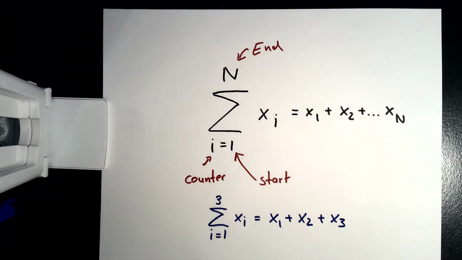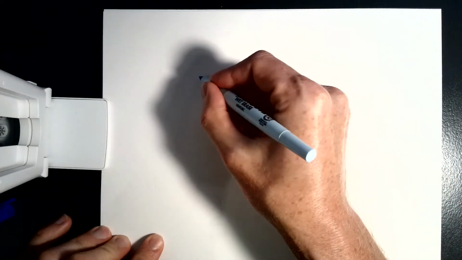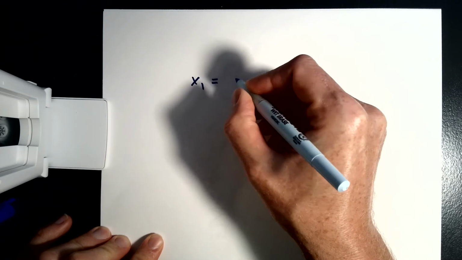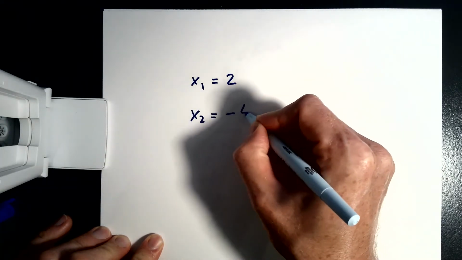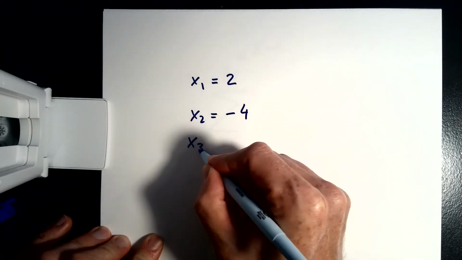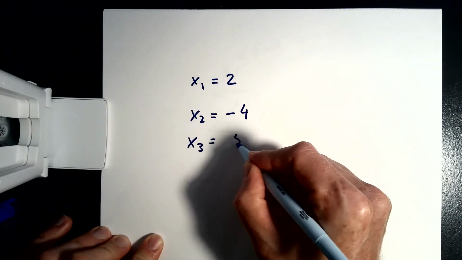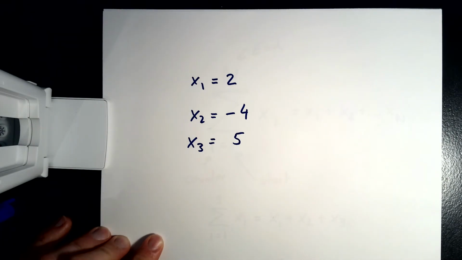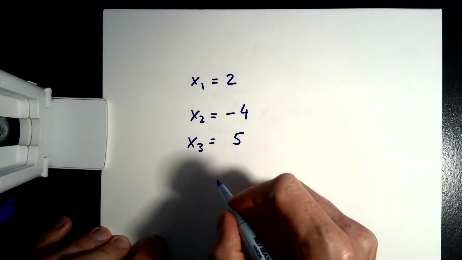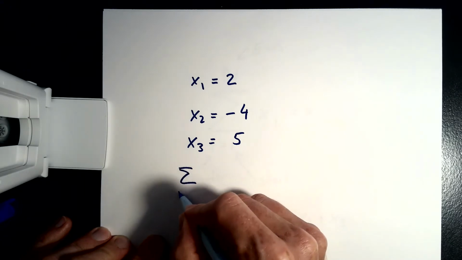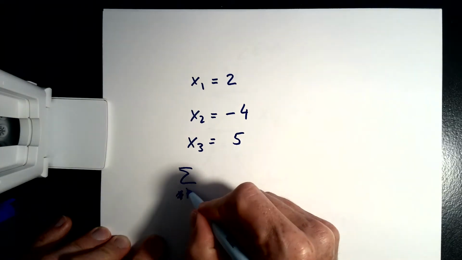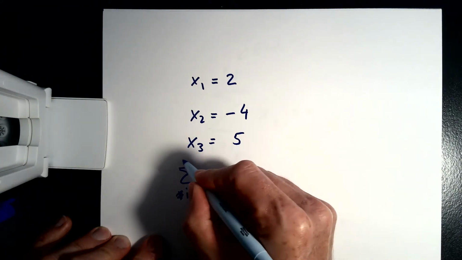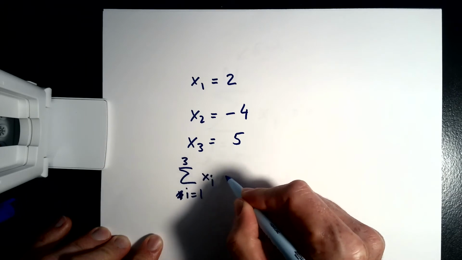So, for example, if we have x1 equal to 2, x2 equal to negative 4, and x3 equal to 5, and we sum them up, then we have the sum from i equals 1 all the way to 3 of xi.